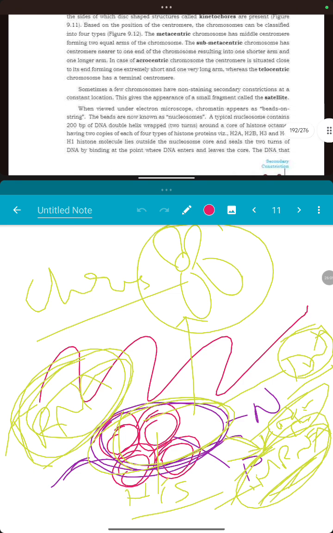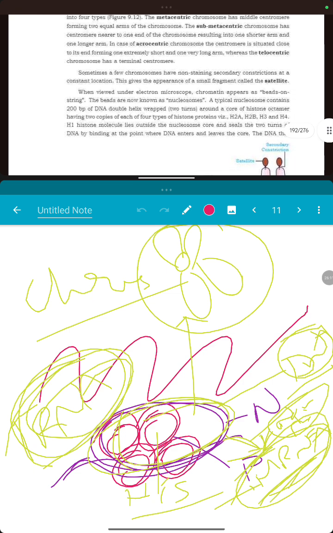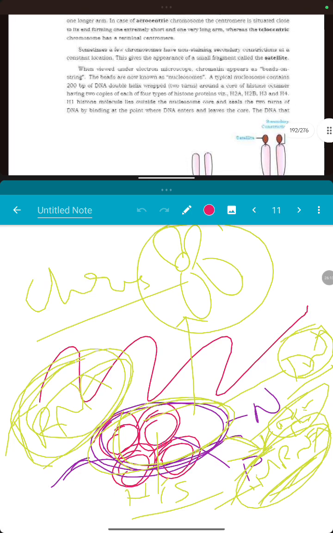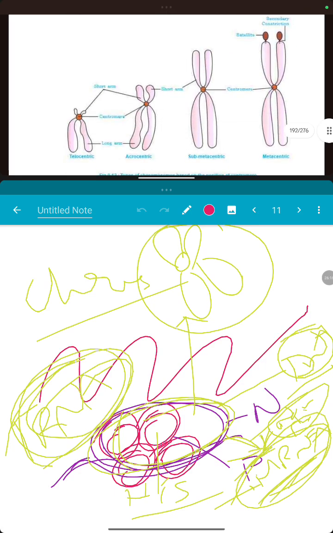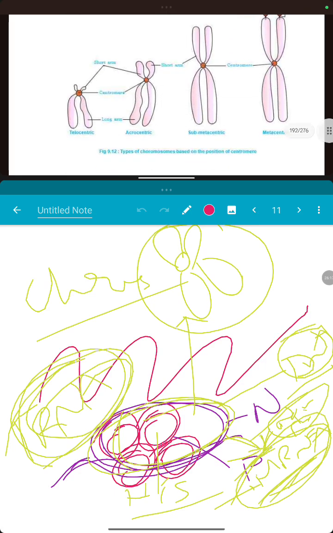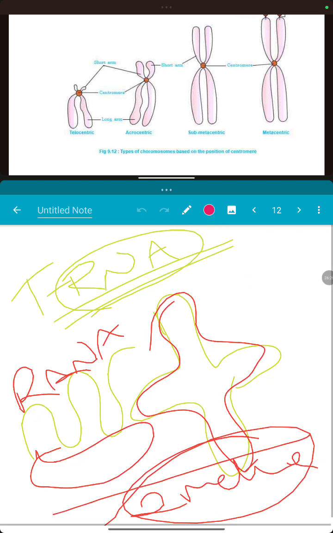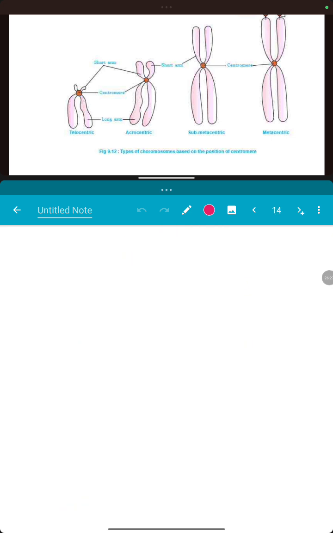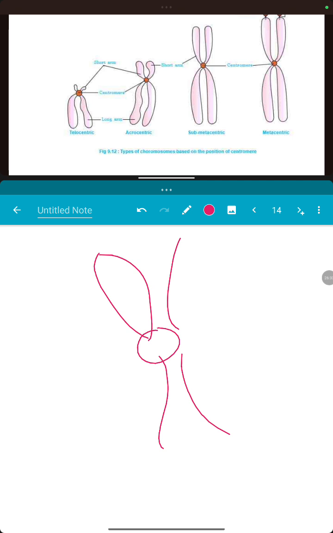Based on the position of the centromere, chromosomes are classified into 4 types: metacentric, submetacentric, acrocentric, and telocentric.